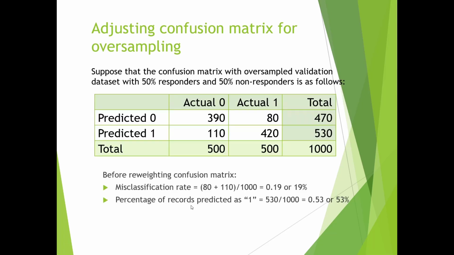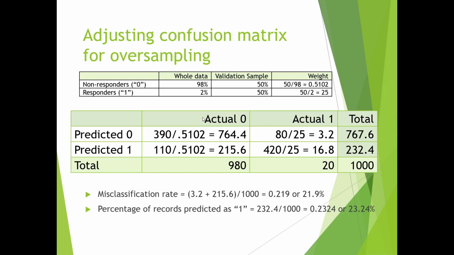So this is your confusion matrix, right? Without reweighting. You run your validation set through prediction, and you get this classification matrix. So here is how you will adjust the confusion matrix.